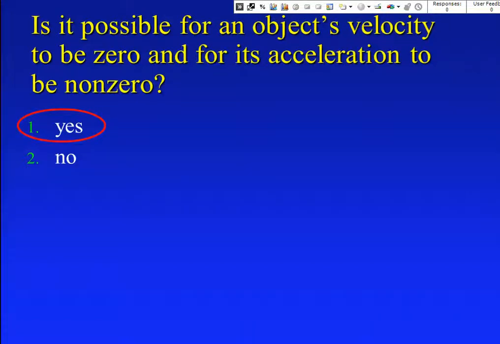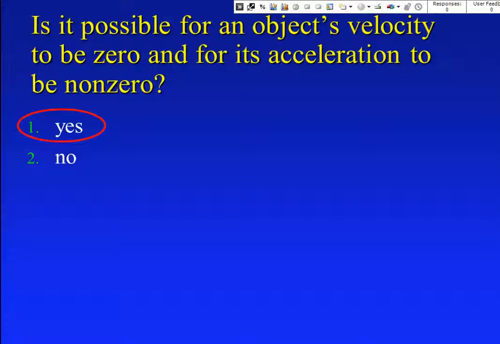And I'm saying yes, and you might be kind of confused by that, but here's the trick. I did not say constant and 0. I just said, is it possible for it to be 0? And what that means is, for 1 instant, it can be 0.